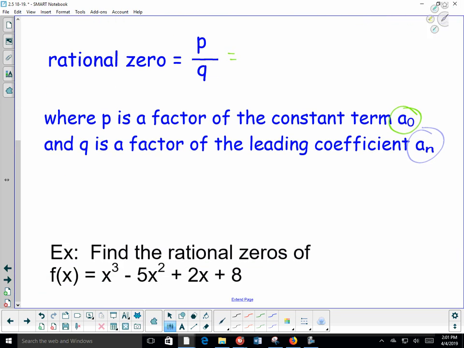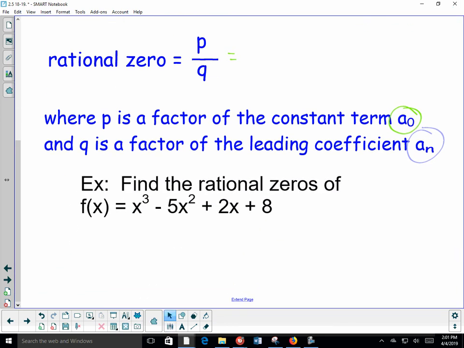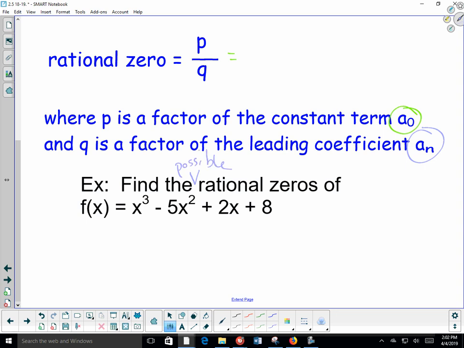So this is on your gift. So we're going to try and find the rational zeros. But I guess before we find the rational zeros, let's just try and find a list of possible rational zeros first. We're going to make a list, because back in the day, before they had graphing calculators, if you wanted to find zeros of a polynomial function, you couldn't just type in the calculator and graph it and see where it crosses the x-axis.